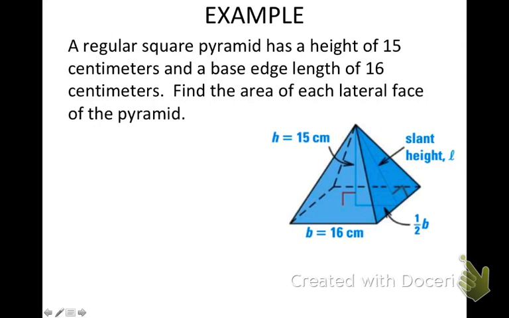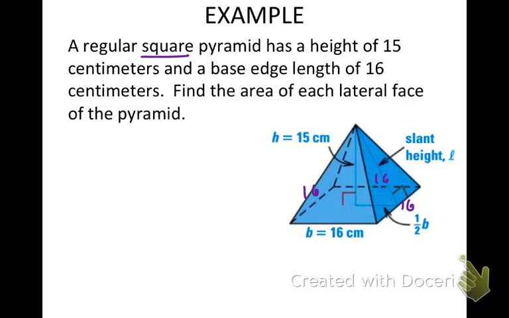We have a regular square pyramid that has a height of 15 centimeters and a base edge length of 16 centimeters. Find the area of each lateral face of the pyramid. All right, so we're told my base edge is 16, and since it's a square pyramid, I know that all of the other base edges have to be 16 all the way around, right?